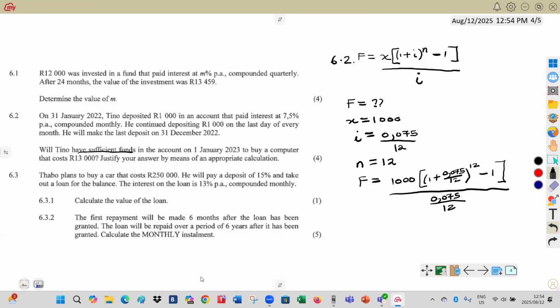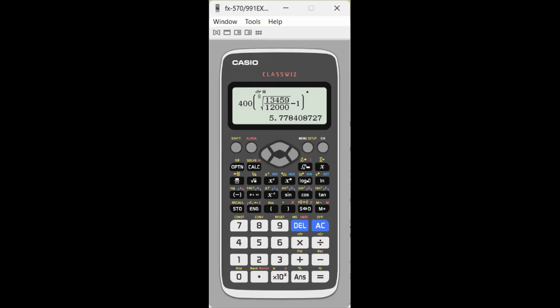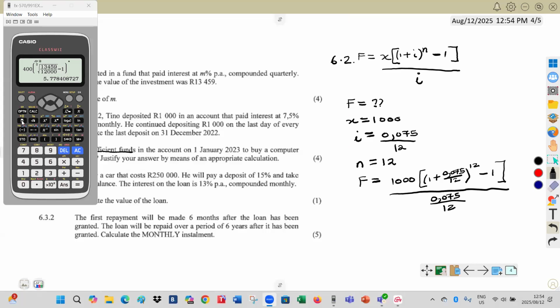So we go to our calculator. We are going to have 1,000, then bracket, bracket, 1 plus 0.075 divided by 12, then raised to the power 12 because there are 12 payments, minus 1, divided by 0.075 over 12.